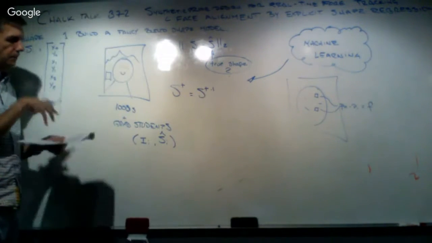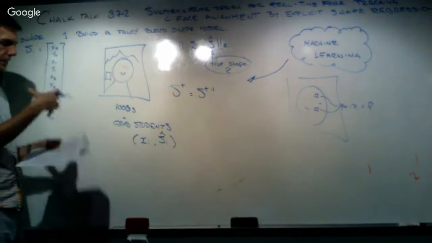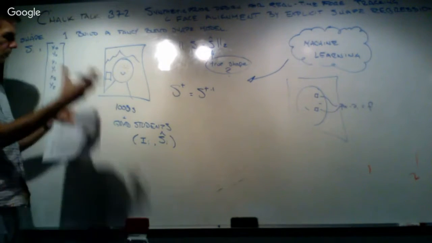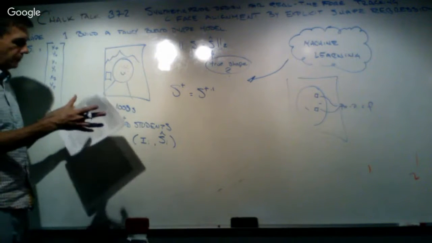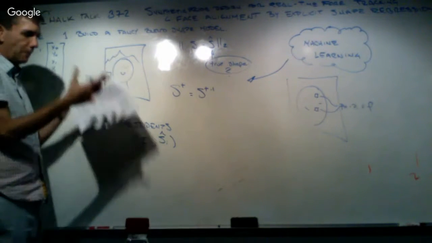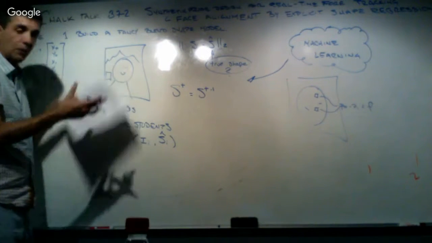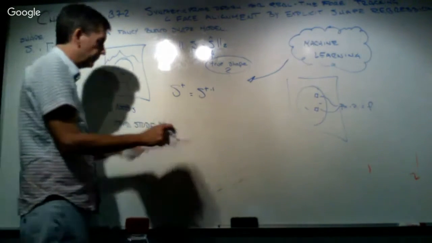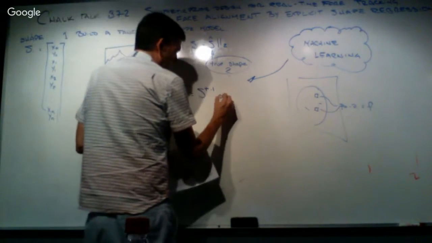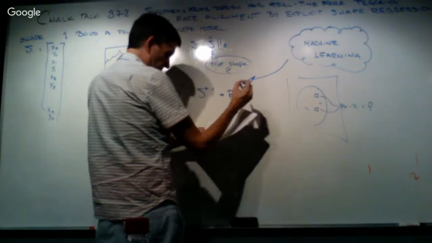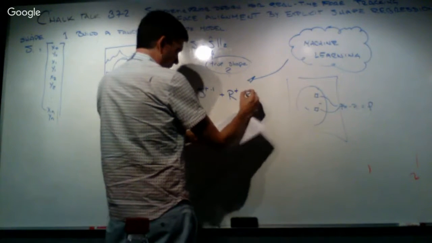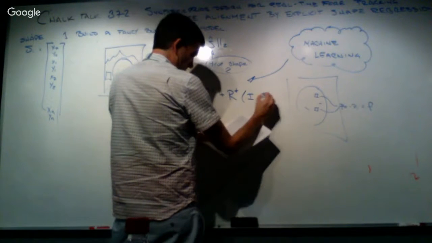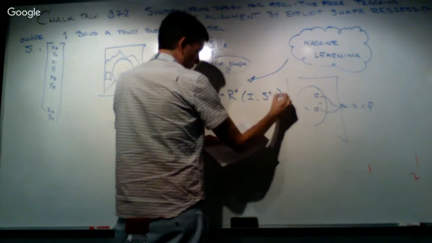And t is sort of this iterative thing. It's not time. You solve it once, come up with a solution, then solve it again, come up with a better solution, and solve it again, and come up with a better solution. It's basically the number of solves that you're doing here. And then plus R sub t of I, comma, S sub t minus 1.